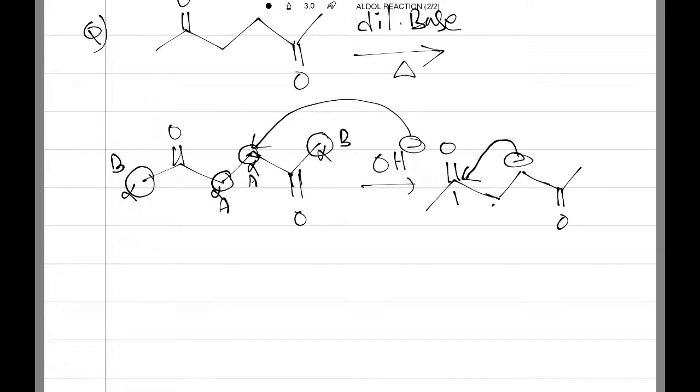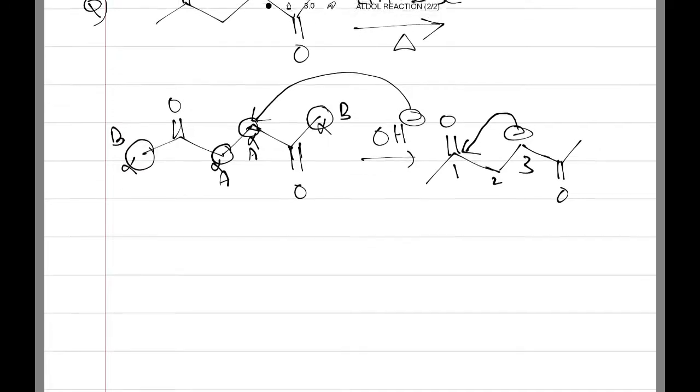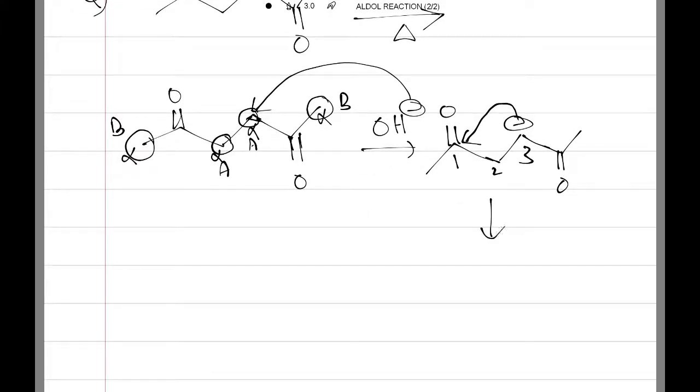We can get 1, 2, 3, so 3-member ring formation takes place. Assume this is the first carbon, second carbon and third carbon. On the first carbon we are having O with the negative charge, and on the third carbon we are having C double bond O CH3.